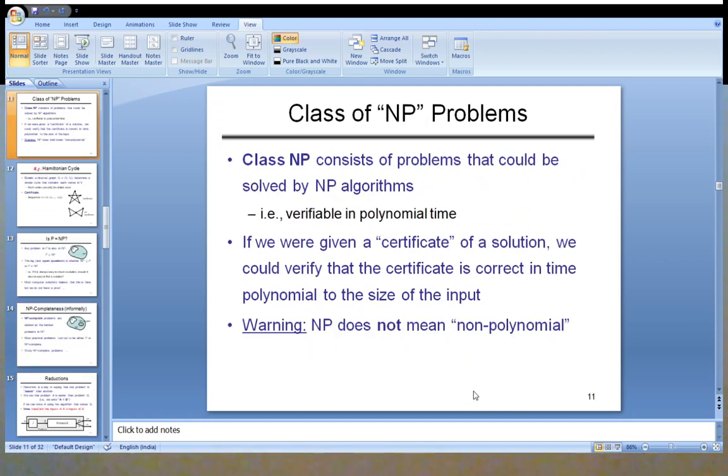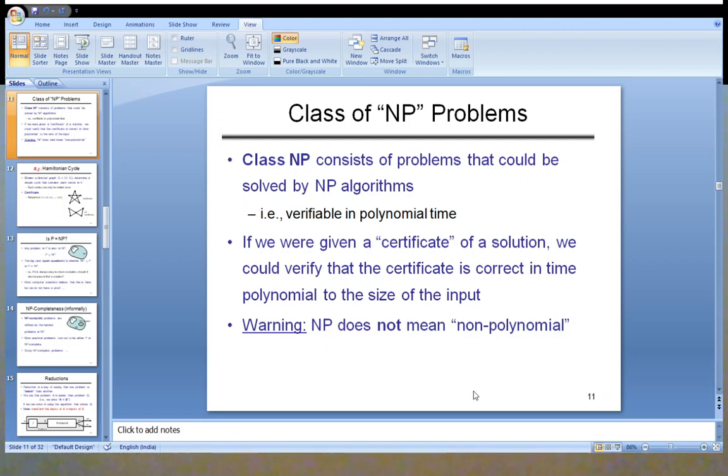So first of all, the NP problem. Class NP consists of the problems that are verifiable in polynomial time. The algorithm that solves them is not polynomial, but these problems can be verified in polynomial time. They can be verified but cannot be solved in polynomial time.